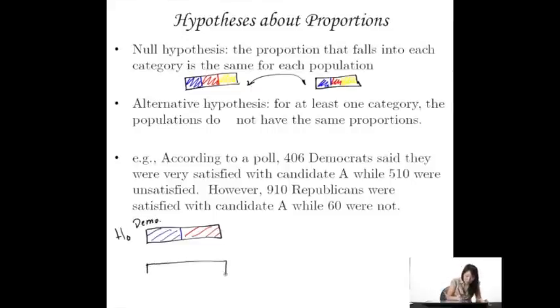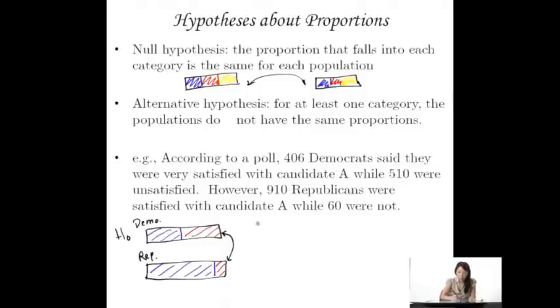The Republican population looks very different. Here we see most of the Republicans being pretty satisfied, and only a very, very small minority being unsatisfied, right? And so the question is, are these two similar? Are the proportions that fall into each category, satisfied or unsatisfied, the same for each population, or are they different?